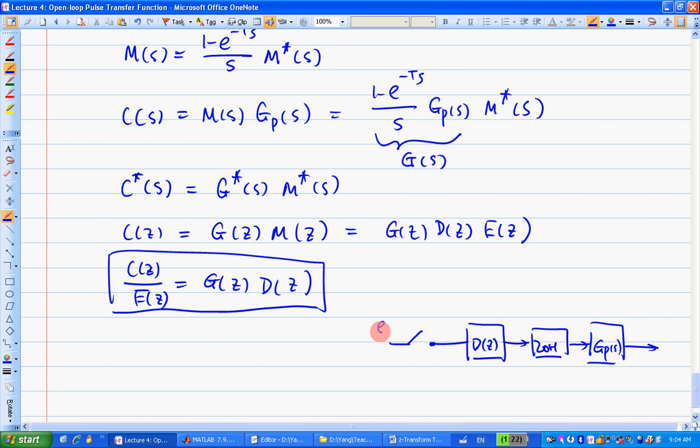It's equivalently like this plot here, right? D of z here, zero order hold, and GP of s, the corresponding open loop pulse transfer function, it's this. It's all good? Okay.